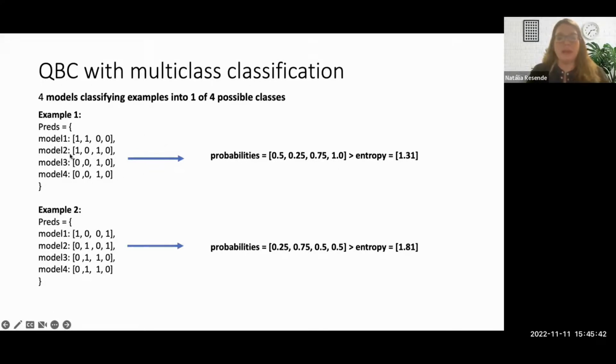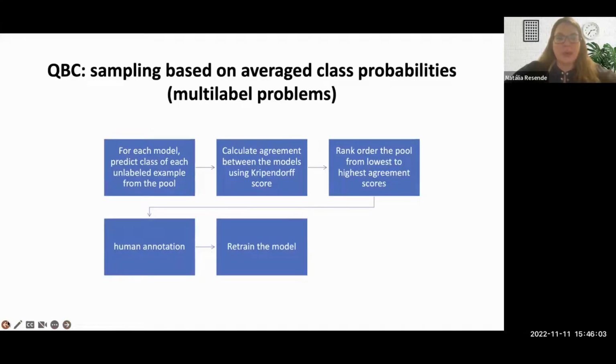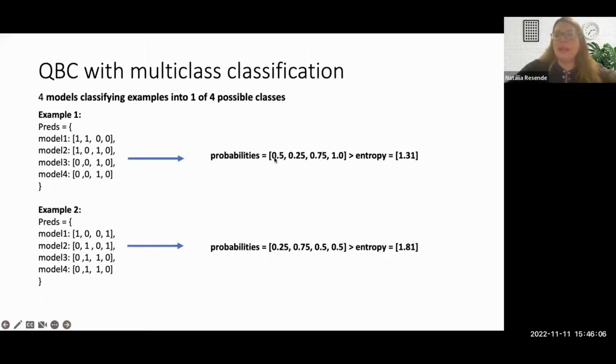After that, we can get an entropy score, as I showed before, right? But in some cases, you don't need to calculate the entropy score. We just get the probability, and then we just need to select the instances with the highest number of probabilities that are 50%, because 50% is very close to a decision boundary, right?